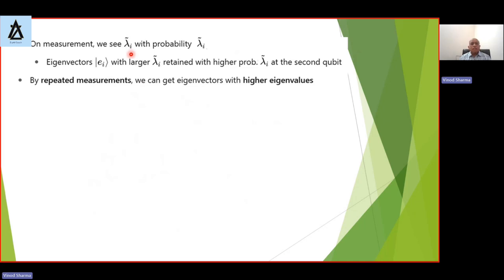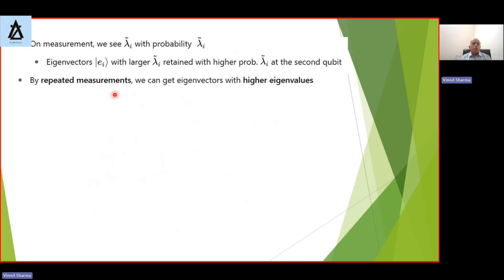And then what is left in the first register are the corresponding eigenvectors corresponding to the large eigenvalues. So this way we can obtain with higher probability the larger eigenvalues and the corresponding eigenvectors which we need. These are the eigenvectors that we need for our PCA.